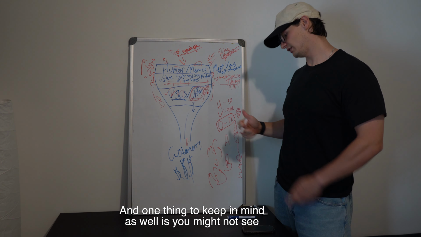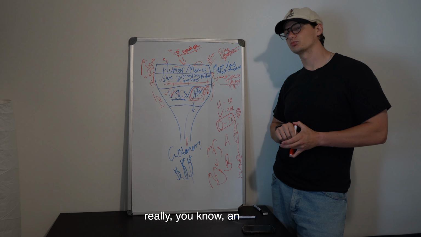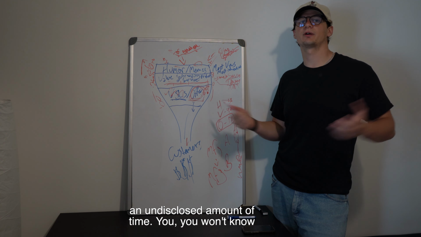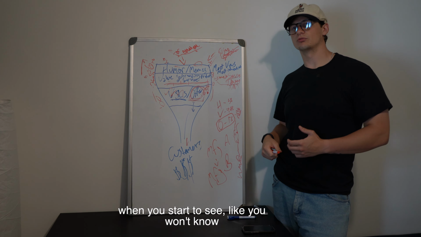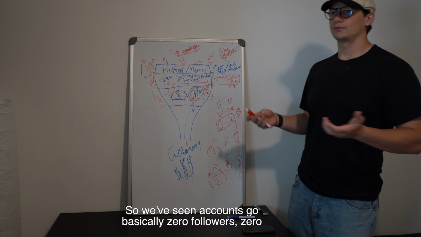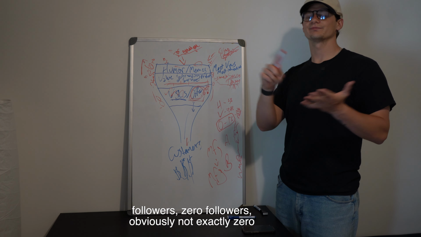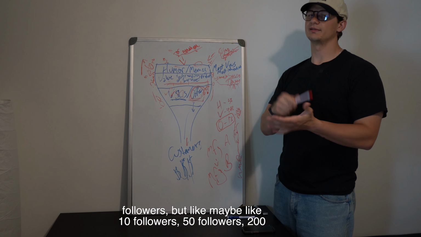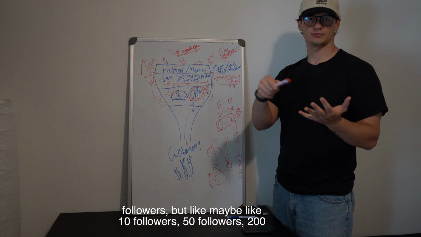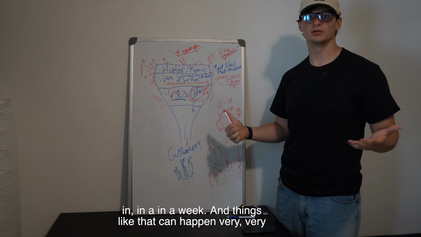And one thing to keep in mind as well is you might not see growth for an undisclosed amount of time. You won't know exactly when the growth is going to happen. So we've seen accounts go 0 followers, 0 followers, 0 followers. Obviously not exactly 0, but maybe 10 followers, 50 followers, 200 followers, and then they blow up to 6,000 in a week.